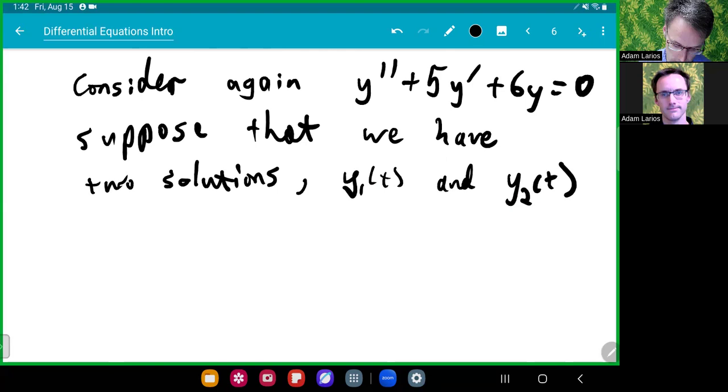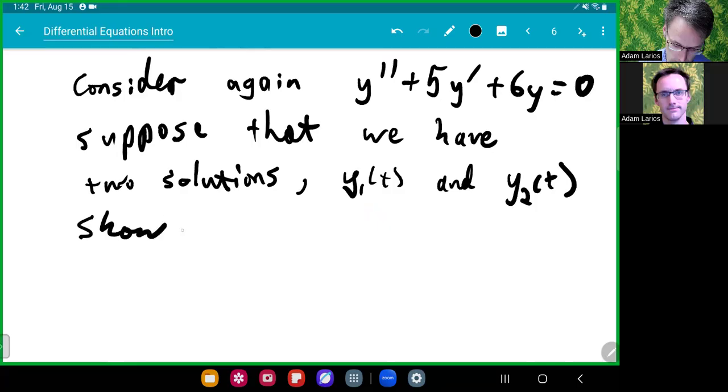All right. Now, we don't know what these solutions are. We just saw a minute ago that there could be infinitely many solutions. Well, you should verify that those various solutions we talked about are actually solutions. But we're just picking any two solutions. Maybe they're of a particular form, maybe not. We just have two functions here and they're solutions.